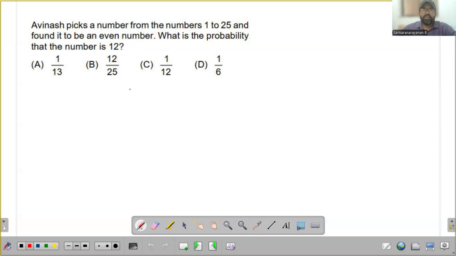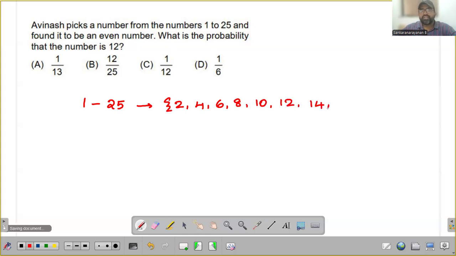When I am considering the numbers from 1 to 25, we can see that 2, 4, 6, 8, 10, 12, 14, 16, 18, 20, 22, 24. These 12 numbers all are even.